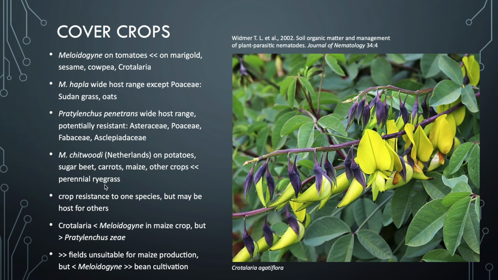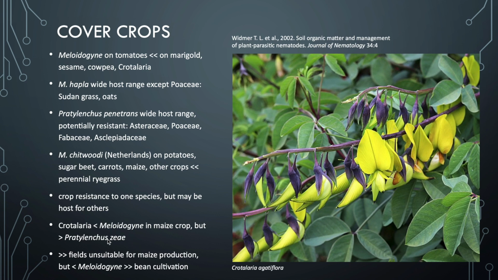However, crop resistance to one species of nematode may actually be a host to other root-feeding nematodes. So there have been instances where crotalaria has been used to reduce Meloidogyne in a maize crop, but it increased Pratylenchus zeae, which also loves to feed on maize.